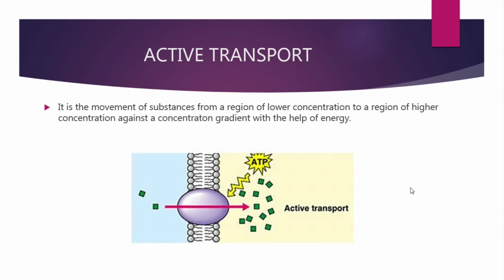So how does this happen? This happens through active transport. The plants produce energy which is used to move the nitrates from the soil inside the plant against a concentration gradient. So diffusion occurs down a concentration gradient, but active transport occurs against the concentration gradient.